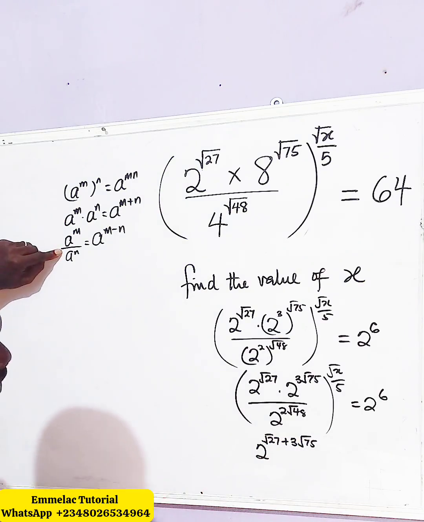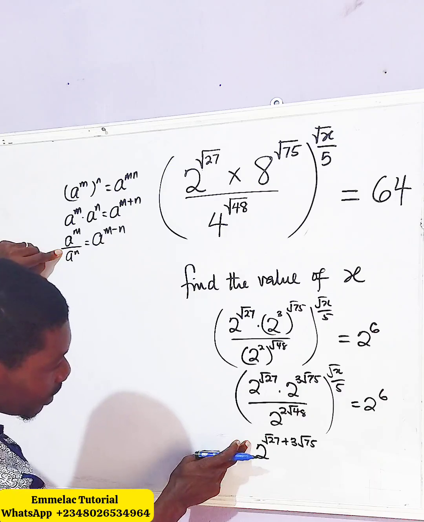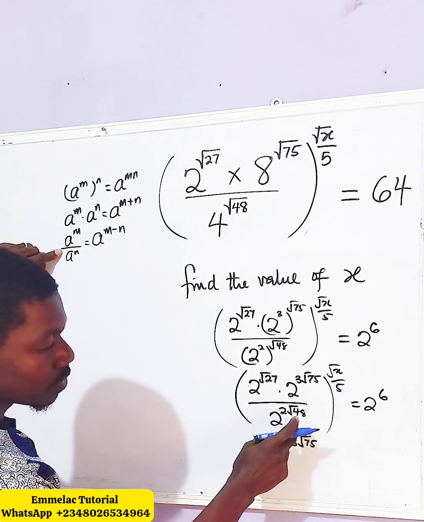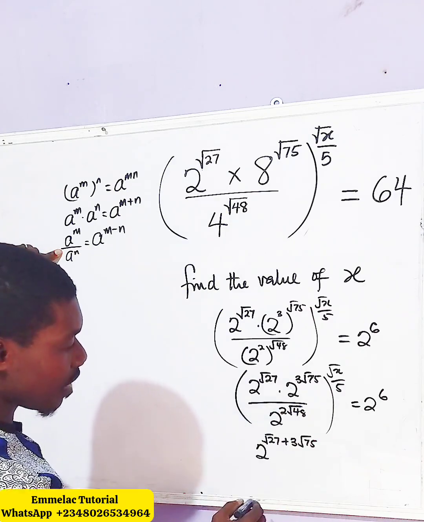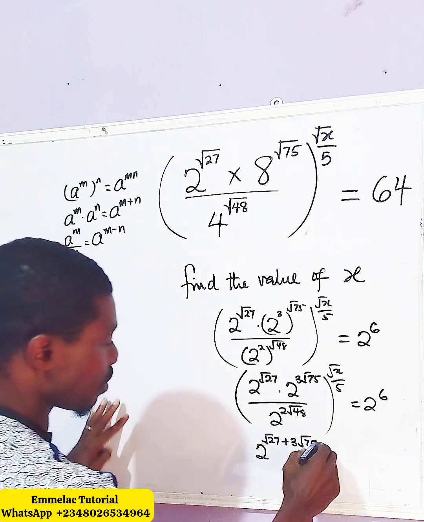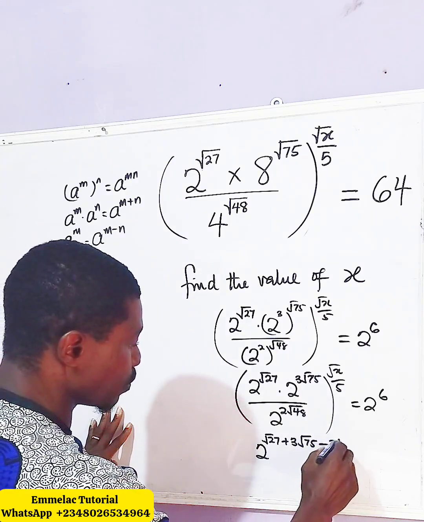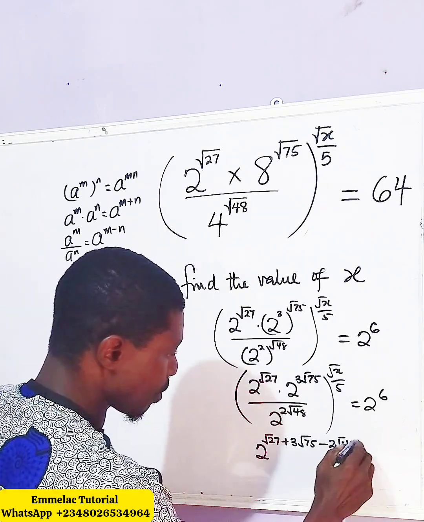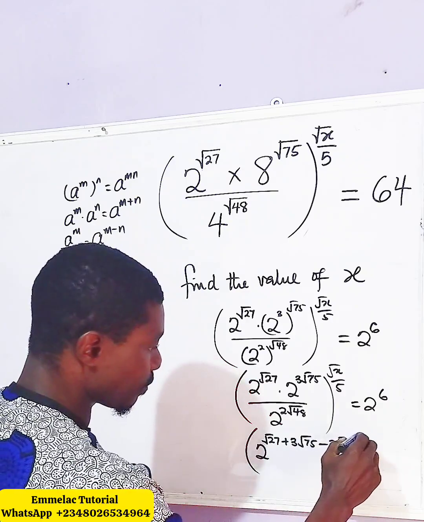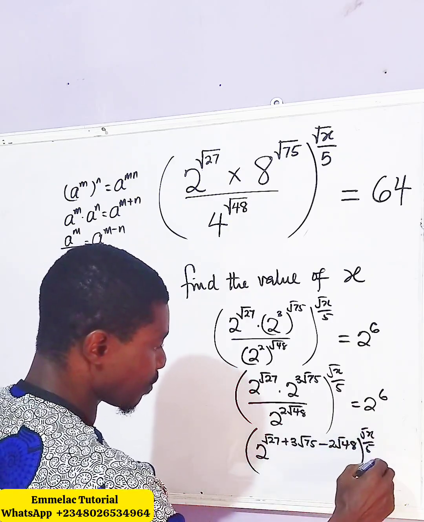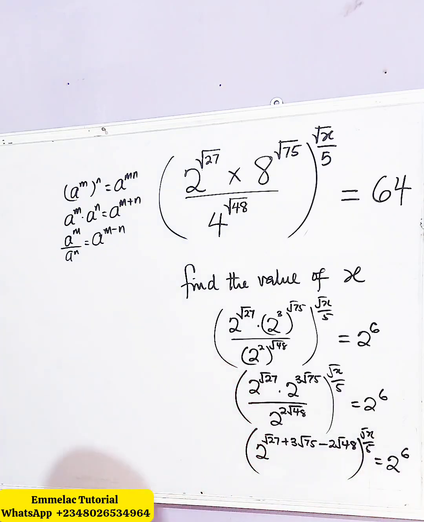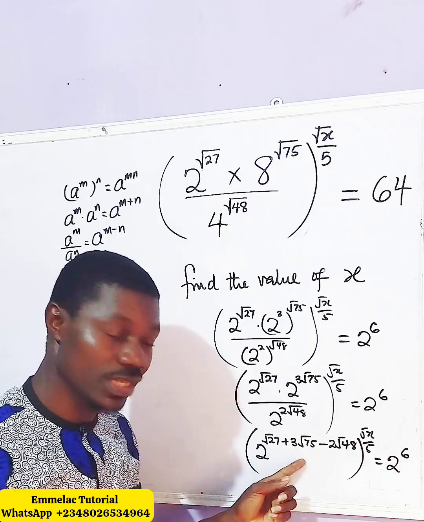Now the second one here, so the whole of this, which is this, now divided by 2 raised to the power of 2 root 48, which will now give us minus. So we have minus 2 root 48. Now all these raised to the power of the square root of x all over 5 all equals what? 2 raised to the power of what? 6.